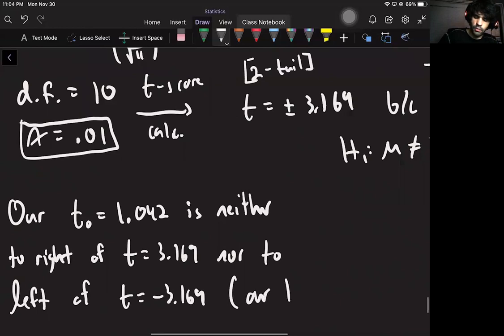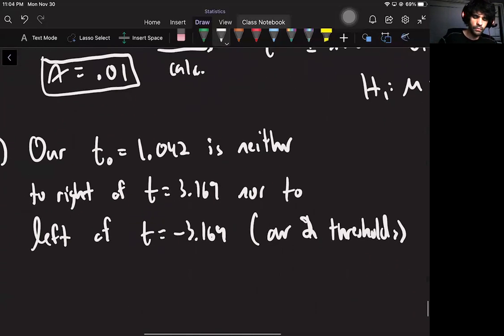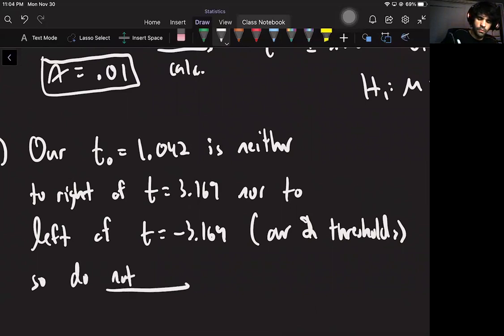So we really have two thresholds when we have a two-tailed problem like this. So because it's not too weird, we do not reject H naught.